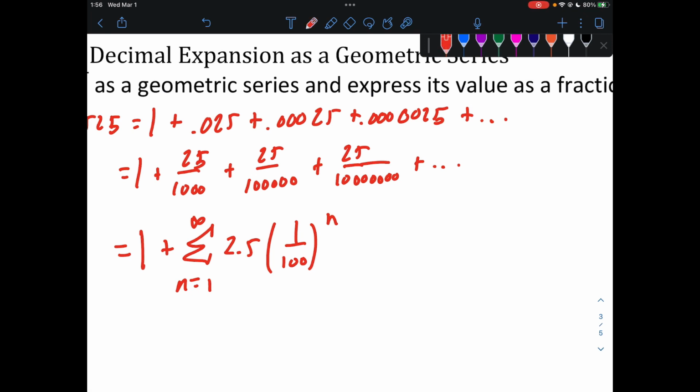So if we're going to find the sum of that summation, if we put 1 in, we get 2.5 times 1/100th, which would be 0.025 over 1 minus 99/100ths, so 0.99. And we can just put this into our calculator. Oops, I meant to say this is 1/100th, so 0.01, which will end up being 0.99 here.